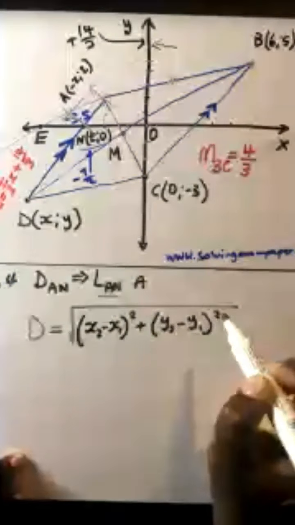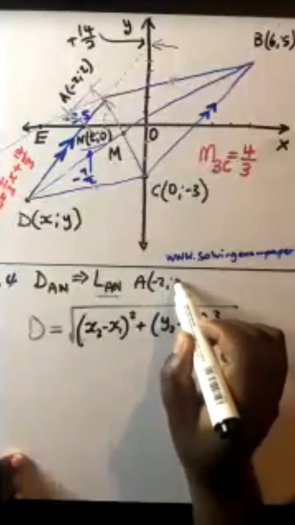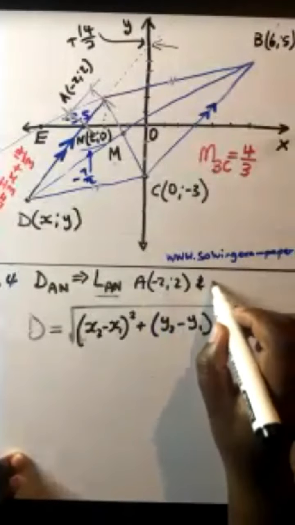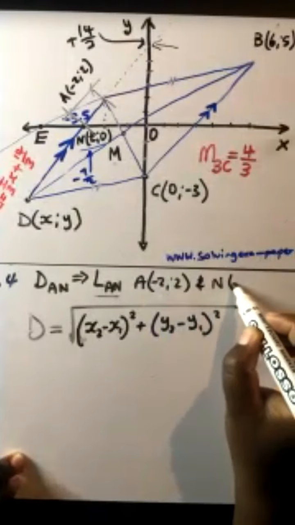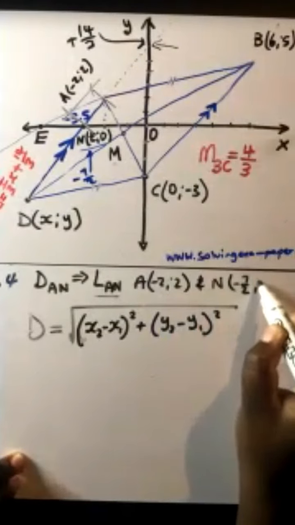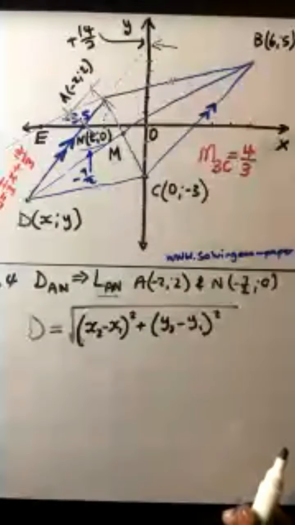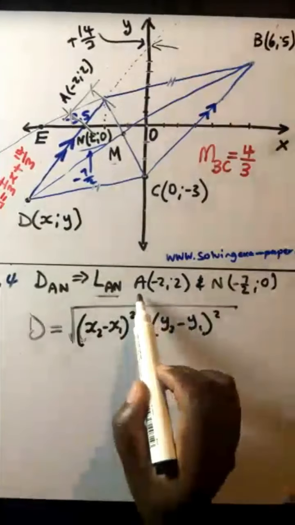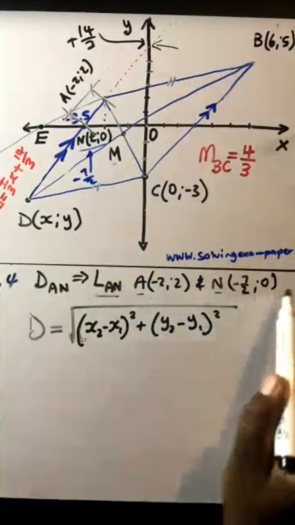So remember, for A, the coordinates we know are -2 and 2, and N we just calculated: it's -7/2, and the y value is 0. So based on my explanation, A comes first, N comes second.